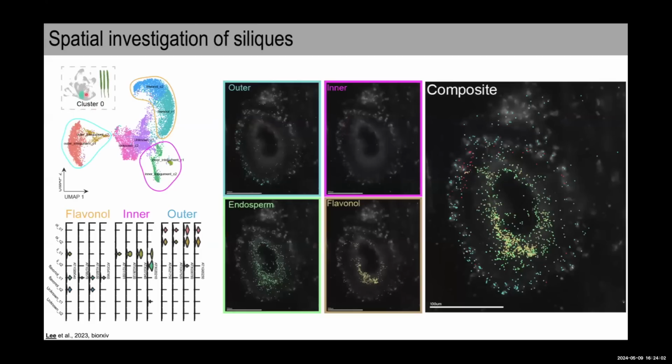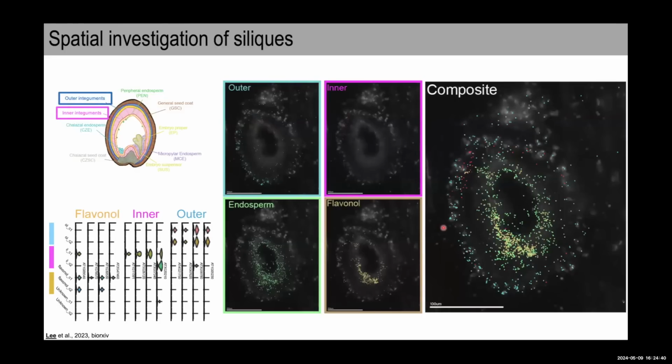And what we found was, with this subclustering of cluster 0, they actually corresponded to different layers within the seed coat, where we've been able to annotate these subclusters as the outer integument layers, the inner integument layers, and flavanol producing cells. And that's just colored here individually for all of these different colors and with a composite image. So we can see hopefully that these different colors correspond to different regions and layers of the developing seed.